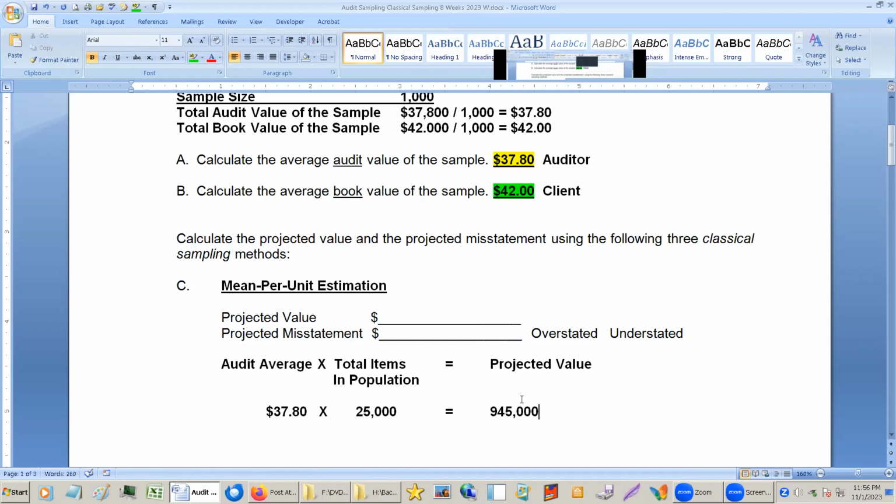So this is our projected value. This is our best estimate of the value of their sales. Okay, so I'm going to cut and paste this up here.